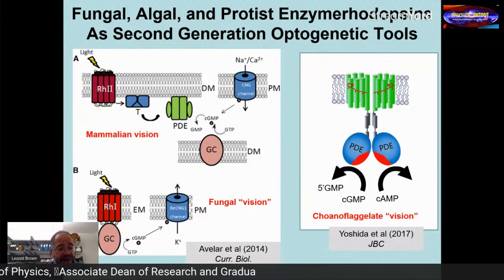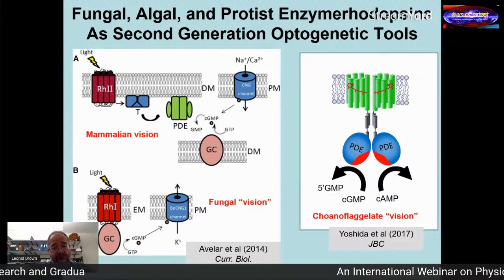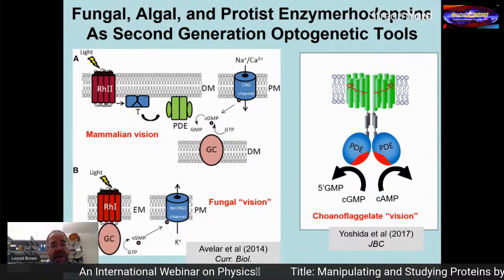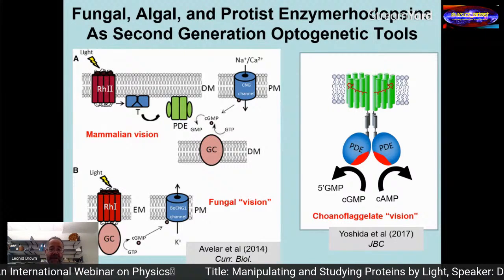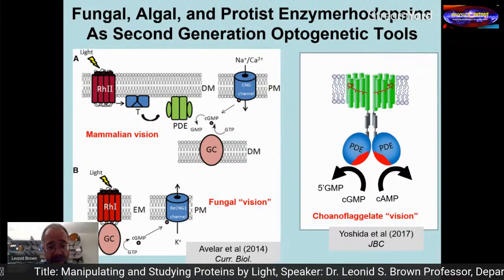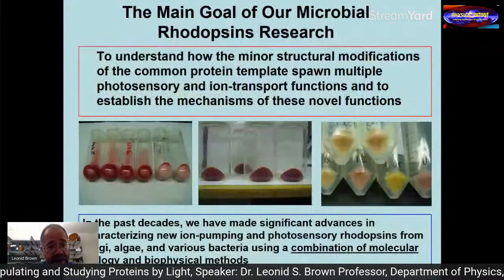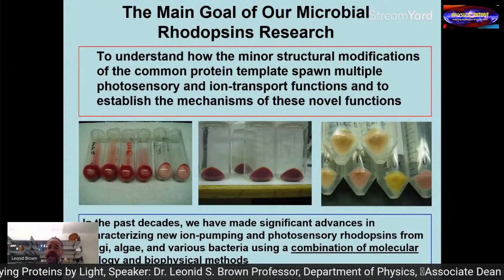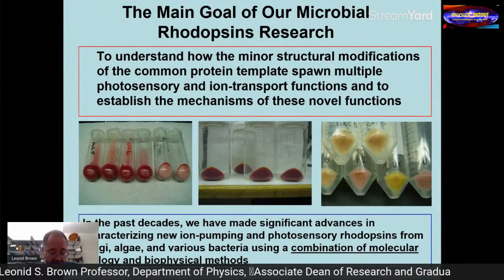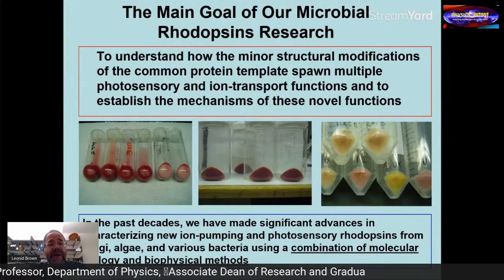So you can use enzyme rhodopsins to create cyclic GMP, as shown here, or to destroy cyclic GMP, as shown here. So these are all fairly recently discovered and characterized molecules. Great. So this will finish my introduction into the microbial rhodopsins. I hope everyone agrees these are very exciting molecules.